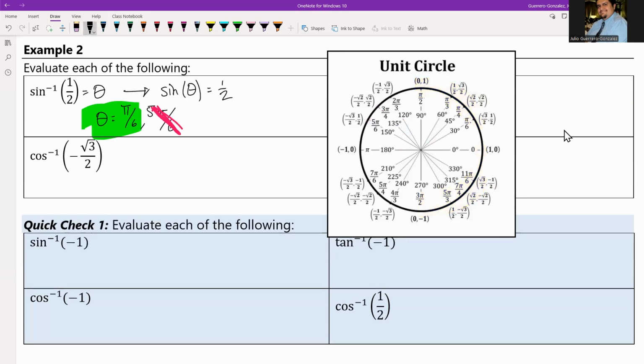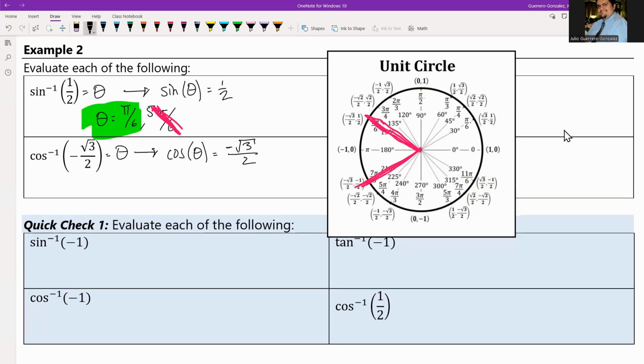When I write this, this is some angle theta. This is basically saying cosine of some angle theta has to be equal to negative square root of 3 over 2. If we look at our unit circle, there are two angles where the cosine is negative root 3 over 2. This one, and this one.